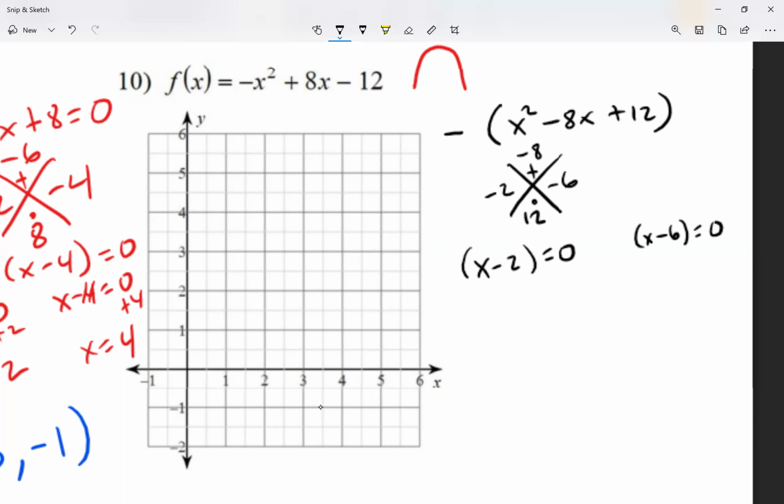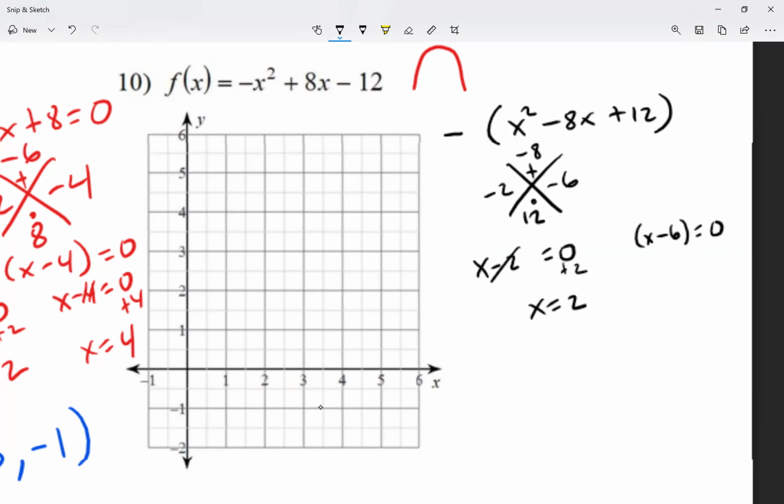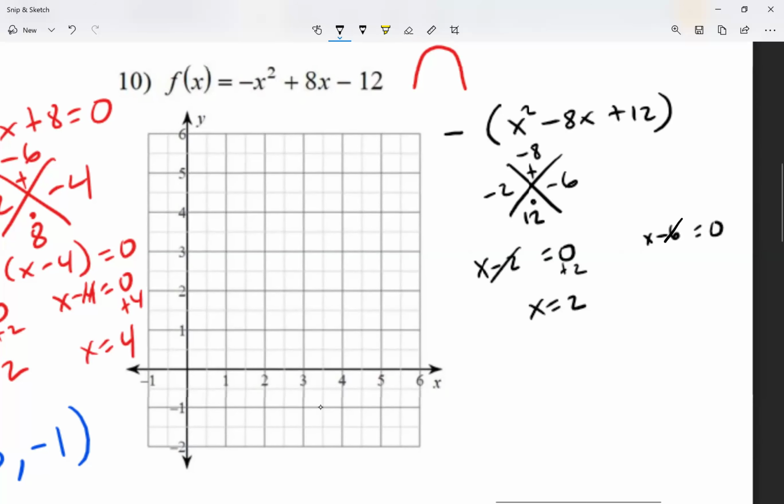So if x minus 2 is equal to 0, I'm going to move the minus 2 as a plus 2. I get that x is equal to 2. If x minus 6 is equal to 0, I'm going to move the minus 6 as a plus 6. I get that x is equal to positive 6.